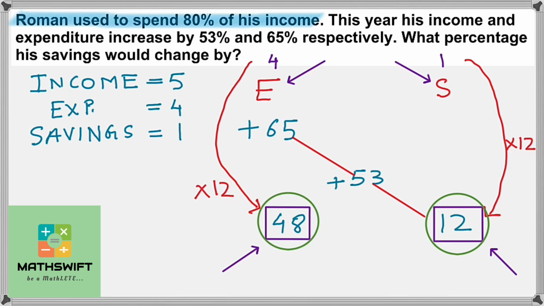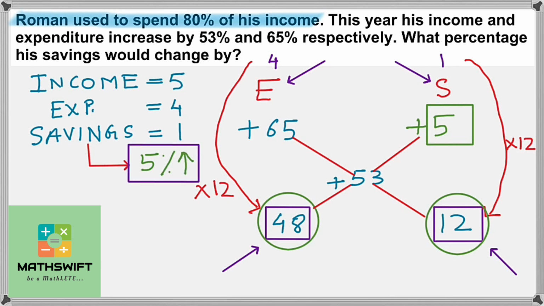I mean, they have to be positive as they represent the ratio in which the quantities are. So the number that we get here would be such that which when subtracted from 53, you get 48. That is 5 with a positive sign. So savings increase by 5%.